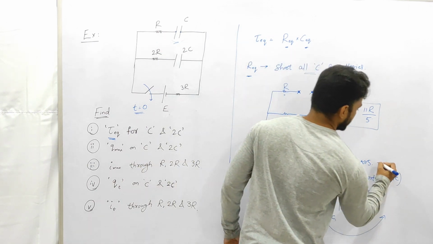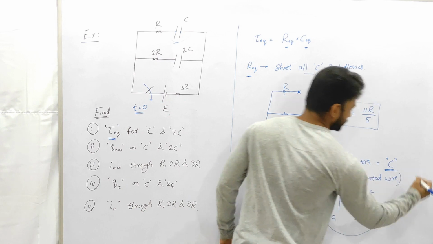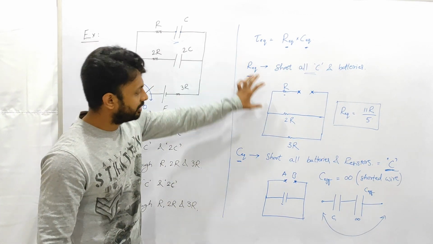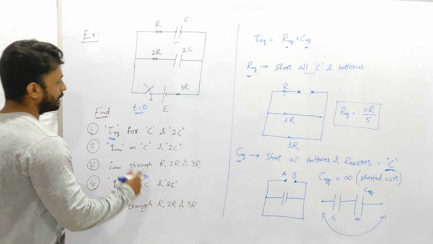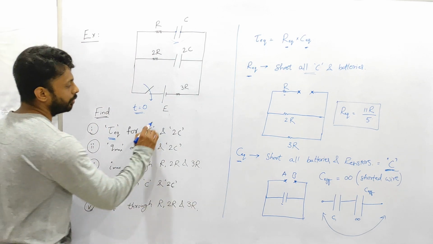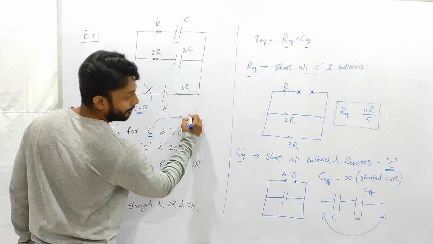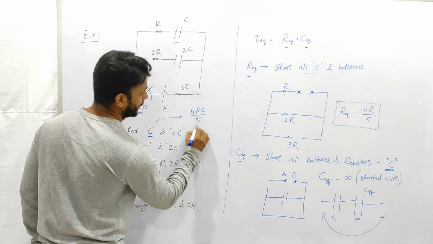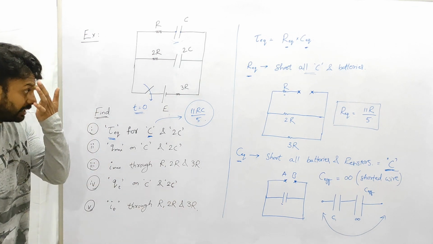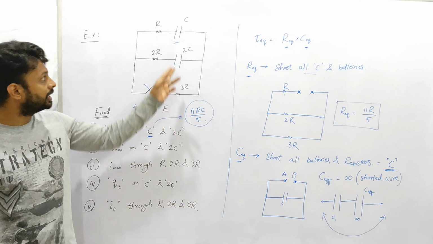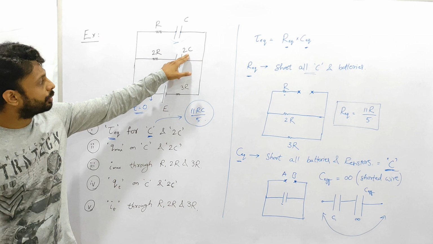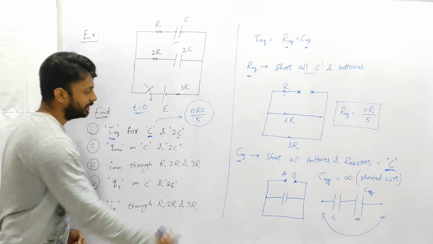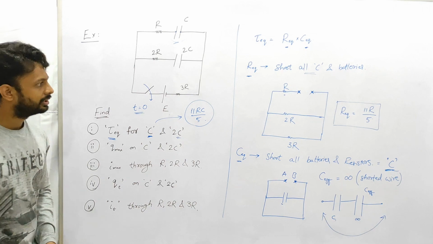So what answer will you get? C only. So we got R equivalent, and we got C equivalent also. So what is the time constant for C? It is 11RC by 5. That will be the tau equivalent for the capacitor C. Similarly, we can find the tau equivalent for the 2C also. We will see that next.